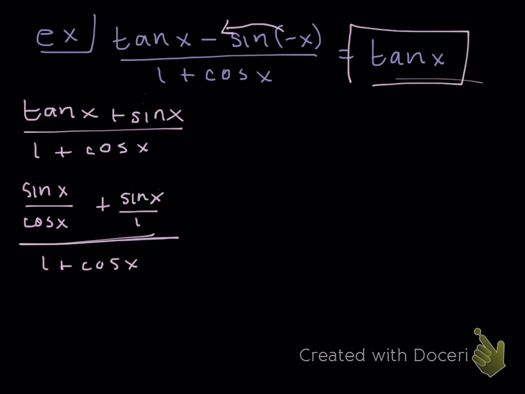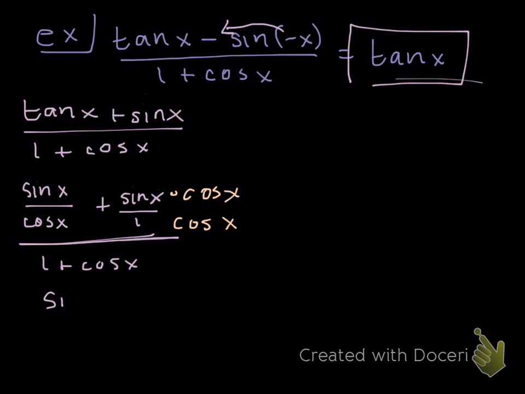So my first matter of business is getting common denominators in that numerator. And so I need to be able to put these together. So I'd have to multiply this fraction by cosine of x. Oops, sorry. By cosine of x. So I will have, and I'm going to kind of skip the step of writing sine x times cosine x all over cosine x and go right to that step where we're putting them together.